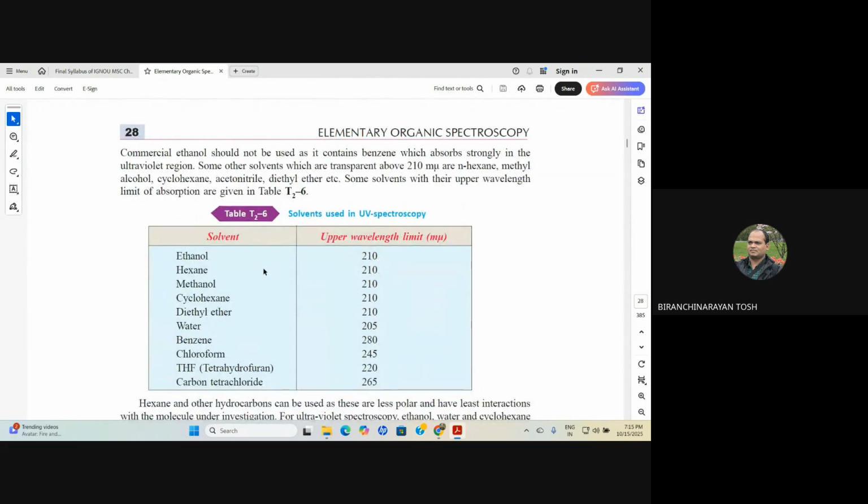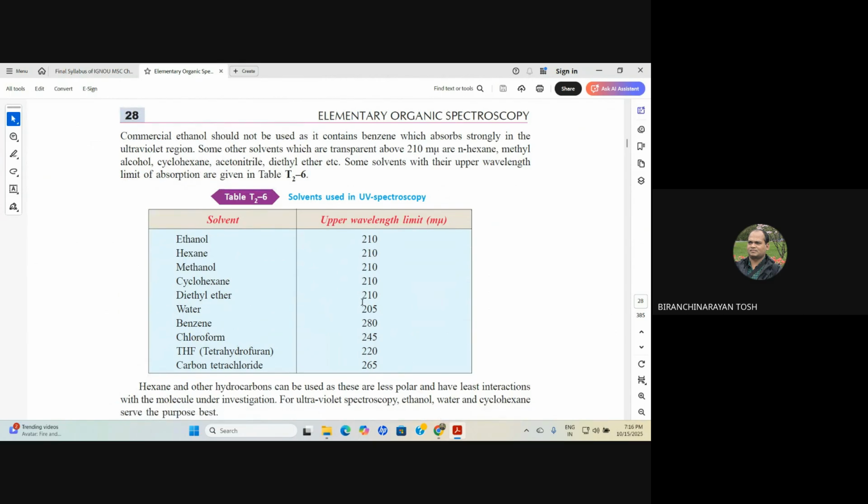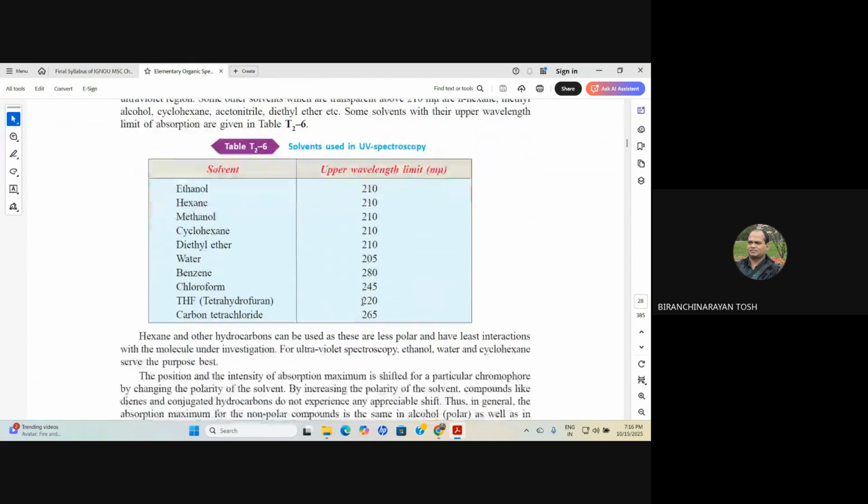Now when you are changing the solvent, this is the upper wavelength limit where we can use these solvents. That means if our compound is not absorbing in this wavelength region, then for that compound we will use the particular solvent.